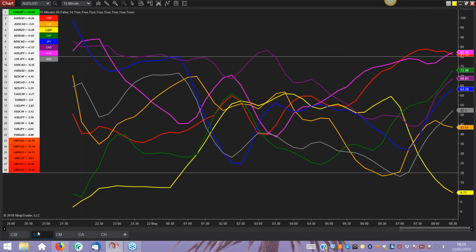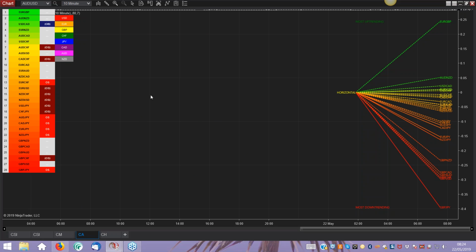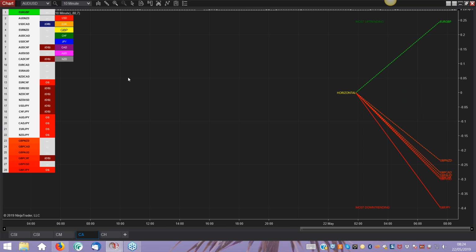Up onto 15, exactly the same picture there, continuing, and that's on 5 again. Sorry, that's just a repeat of the earlier one. Let's have a quick look at the array. Let's isolate out the pound on the array. This is on 10 minutes, so a slightly different time frame.